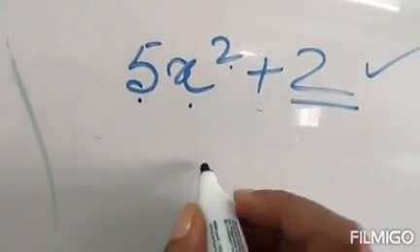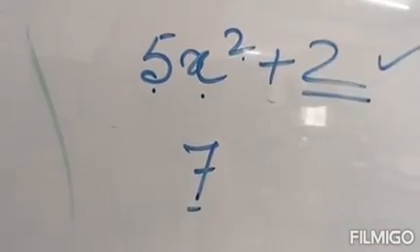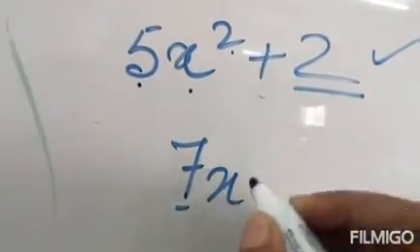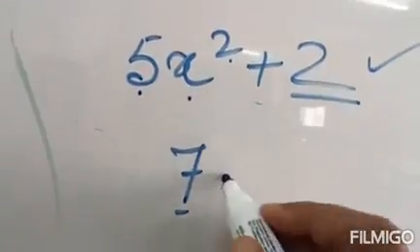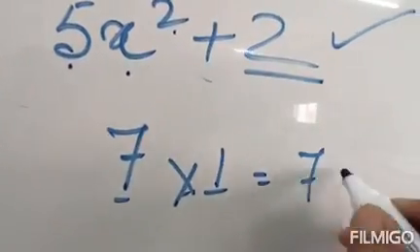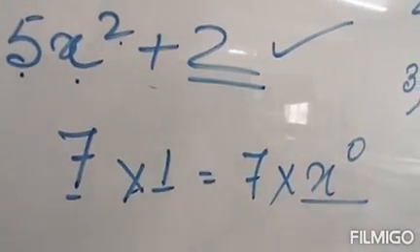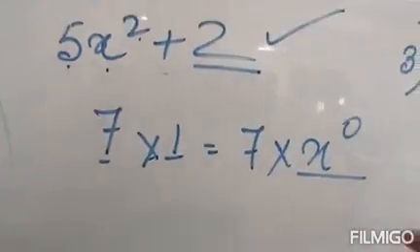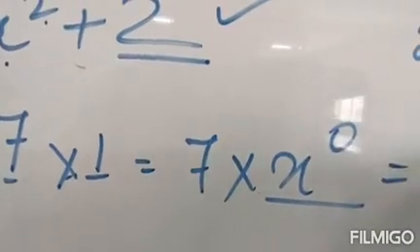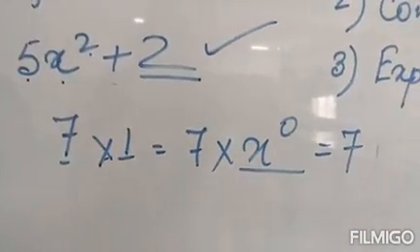Again, if I say 7, this also can be termed as polynomial if we consider this as 7 into 1, or we can say this as 7 into x to the power 0. We know x to the power 0 will be 1 itself.